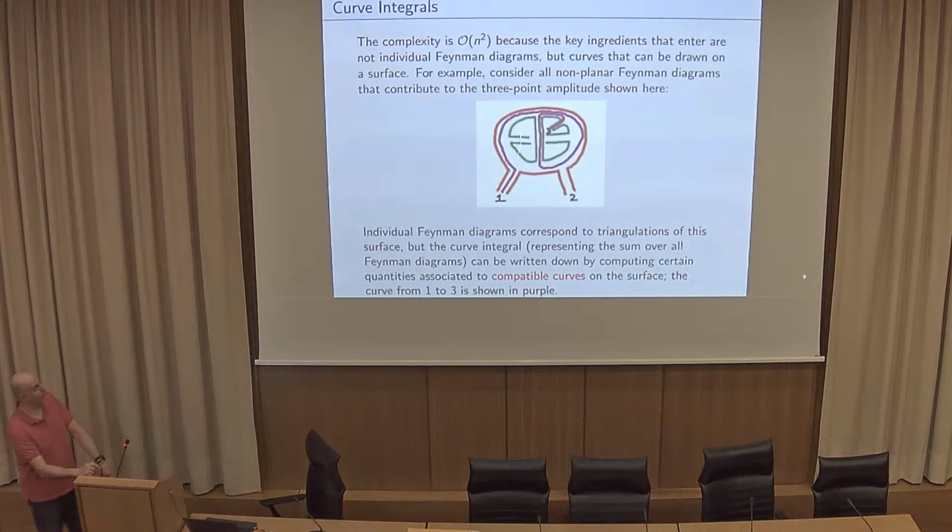There are many of them, but that's one of them. And you look at all possible sets of compatible curves. Compatible means they don't cross each other. Once you do that, there's a very specific formula that you just write down and you get your integrand.